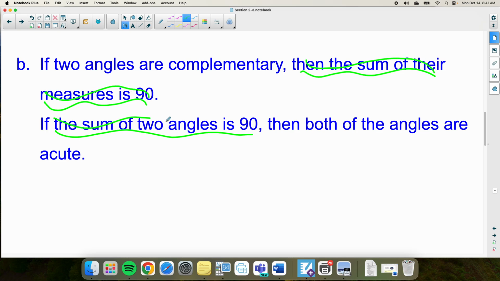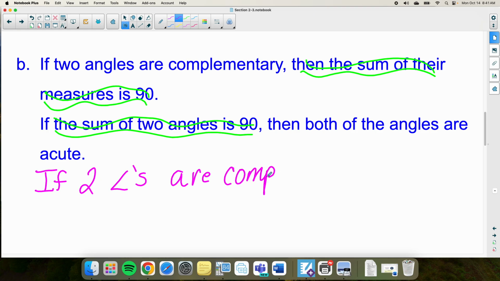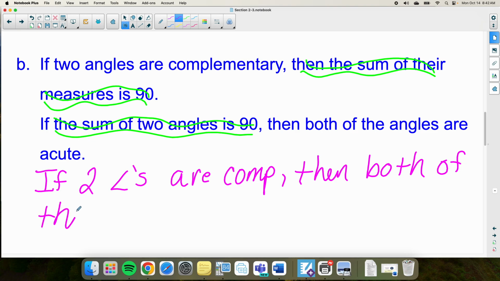And then what I'm gonna write is if, and remember too, you can use the number angle. I always do an angle apostrophe S. Are complementary, if you want to just do COMP, then both of the angles are acute.